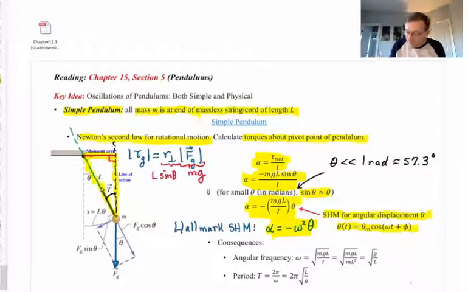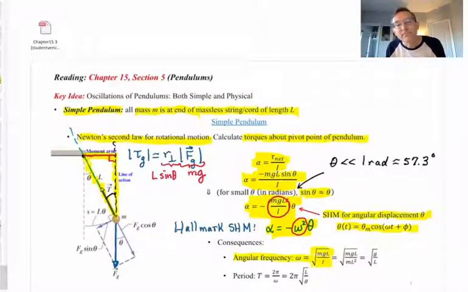And, note, the angular frequency squared is what's sitting between the negative sign and the theta, which in our equation, look right up above, is right there, mgL over I. That's the angular frequency squared. So I can immediately say the angular frequency of these oscillations, omega, is the square root of mgL over I. You see how we got that? All from the hallmark equation for simple harmonic motion.